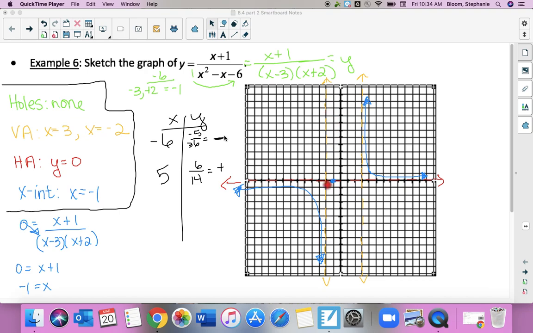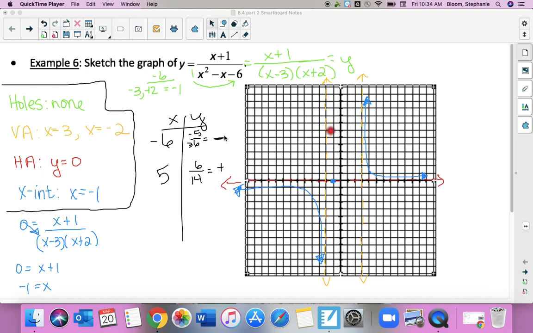Okay? And so I'm trying to see basically what's happening between my x-intercept and my vertical asymptote. And if the number that's happening between there is negative, I know it's going to go down. If the number that happens between here is positive, I know it's going to approach and go up.